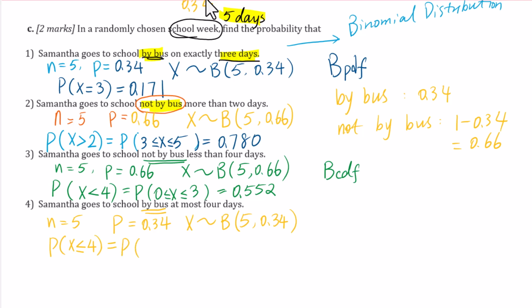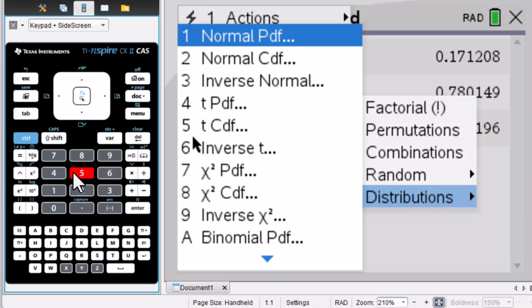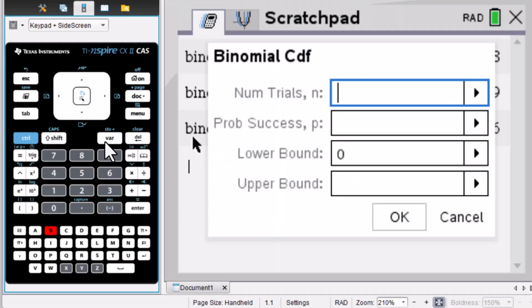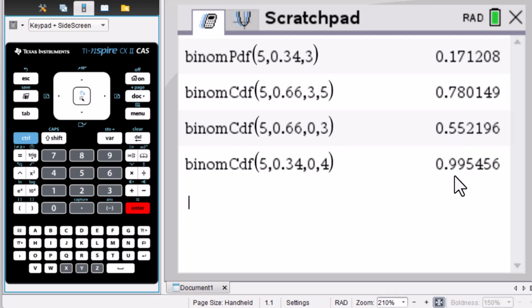Change this into compound inequality: X less than or equal to 4, greater than or equal to 0. Go to binomial CDF. Menu 5, binomial CDF 5. Probability of going to school by bus is 0.34. 0 as lower bound, upper bound is 4. Enter. 0.995.